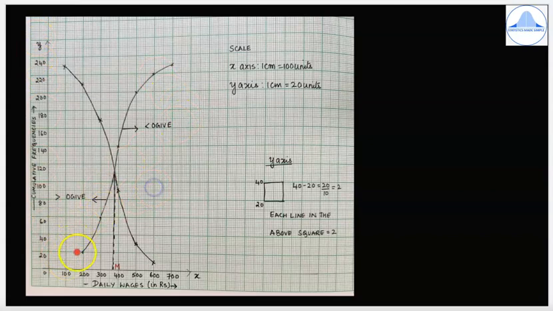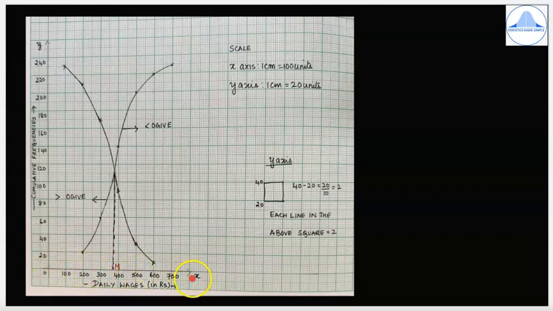So now observe that you have to start with 0 on the x-axis and 1 centimeter, that is this small square which you can see, it is 1 centimeter. I start with the lower limit of the first class interval, that is 100, and then the next centimeter is 200, 300, 400, 500, 600 and 700.